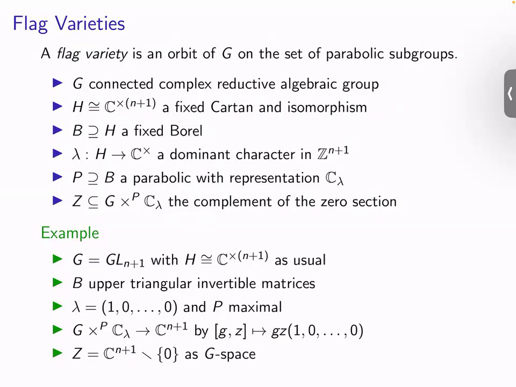So if you restrict to Z, then the scalar is non-zero, and so matrix multiplication will take a non-zero vector to another non-zero vector, and so you can think about Z G-equivariantly as the non-zero vectors in the standard representation. So that's going to be the running example to keep in mind for this talk.